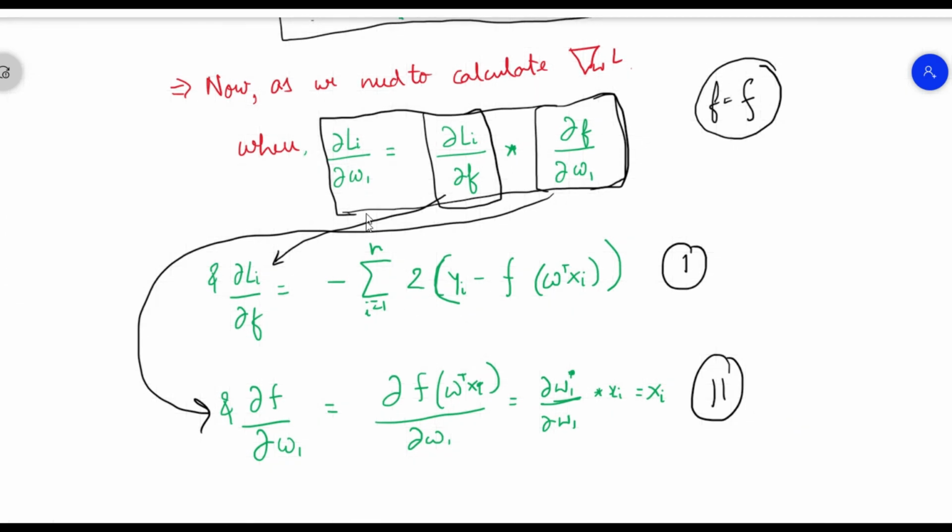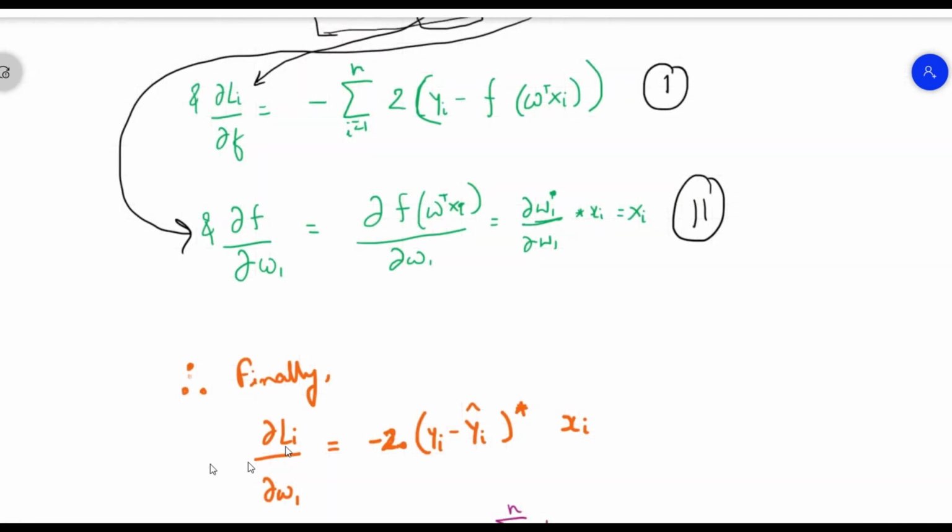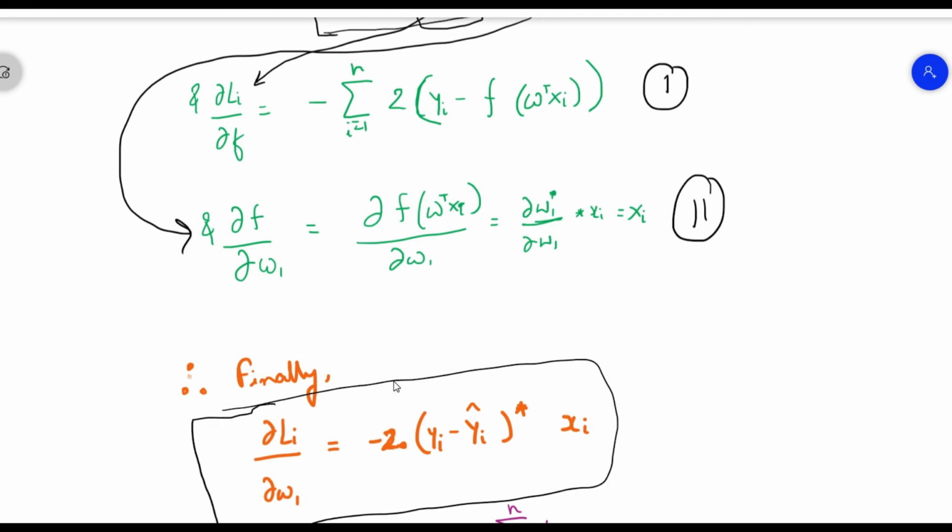Okay, finally we have seen that our rate of change of loss with respect to the rate of change of the weight vector is calculated by multiplying the outputs we receive in equations 1 and 2. If you see this equation closely, it gives you the rate of change of loss with respect to weight component w1 for a specific point xi from our data set.